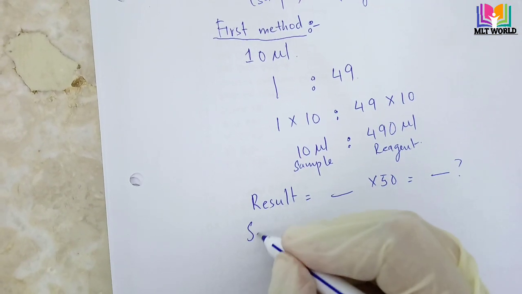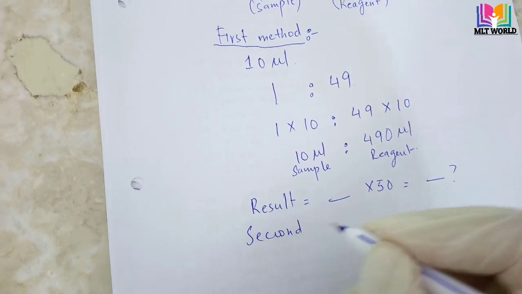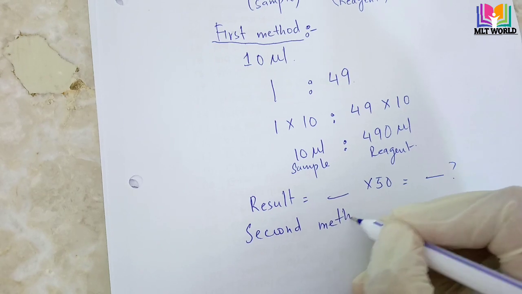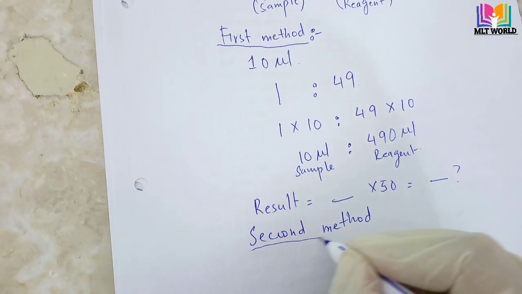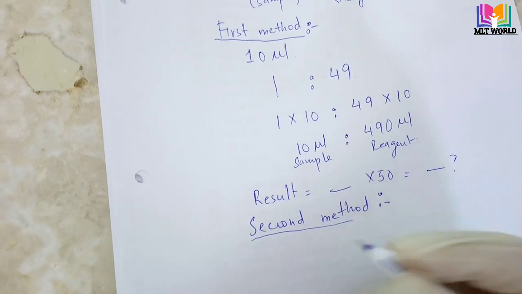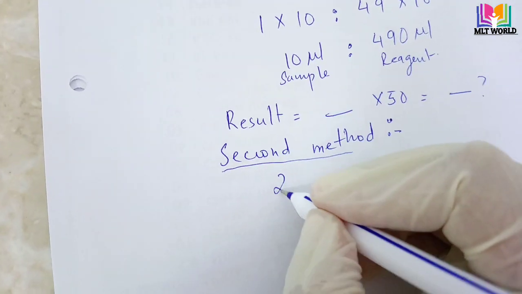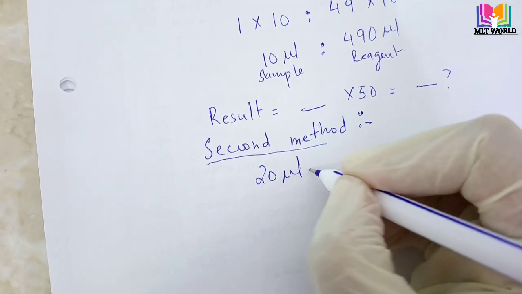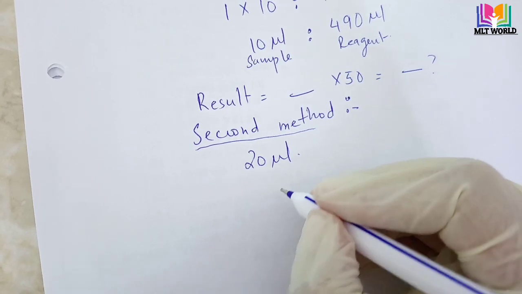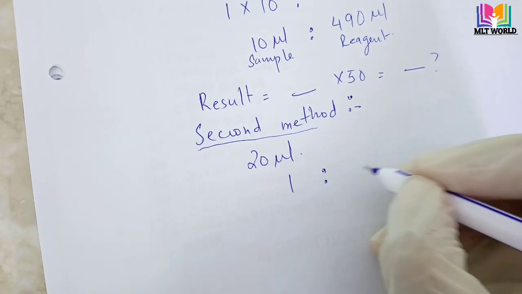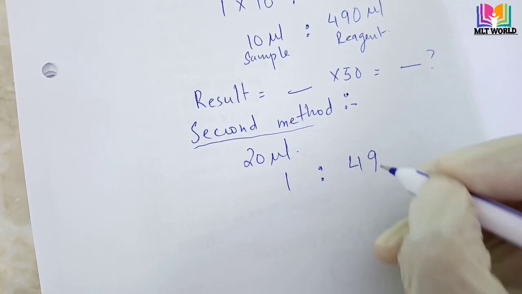In the second method, if we have more sample, then we will use 20 microliter of sample. If reagent is also more available, then I would prefer the second method, that is 20 microliter. For 20 microliter, again you write 1:49.